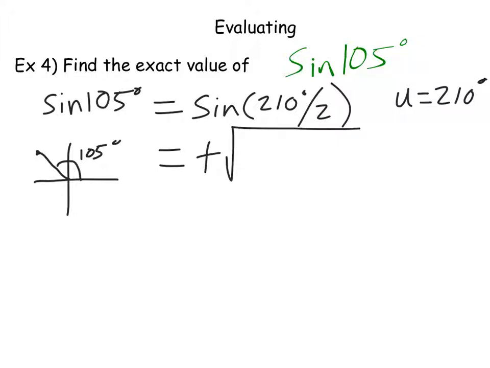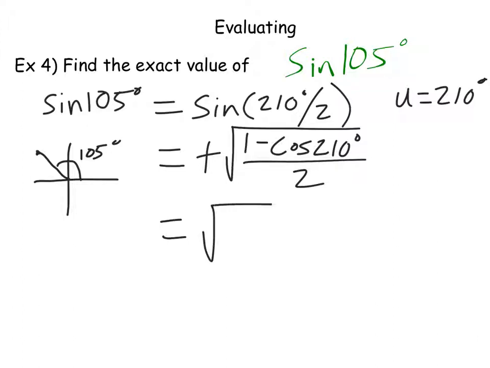So that plus minus, you just have to think about which one you want. As always with the sign of a trig value, think about what quadrant you're in. I'm in 2, sine's positive, so I know I got a positive answer here, still underneath the square root. Notice that I picked 210 to specifically set this up with an angle that's on the unit circle.